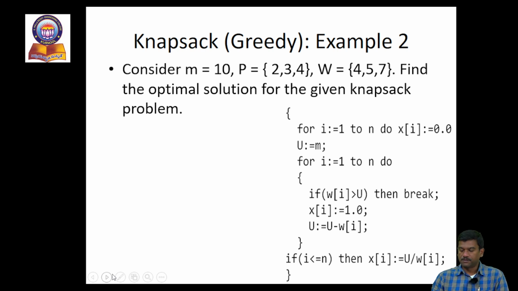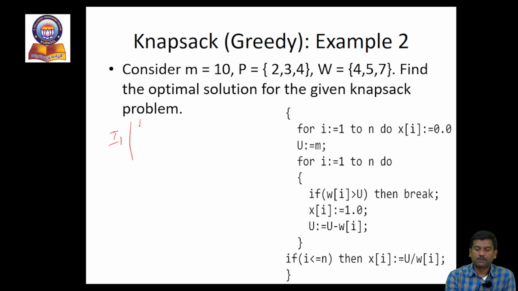So the first prerequisite that you have to understand is item 1, and similarly what is the profit and what is the weight. The profit is 2 for item 1, and similarly item 2 and item 3. So item 2's weight is 3, profit is 3, item 3's profit is 4, and w is 4, 5, 7.